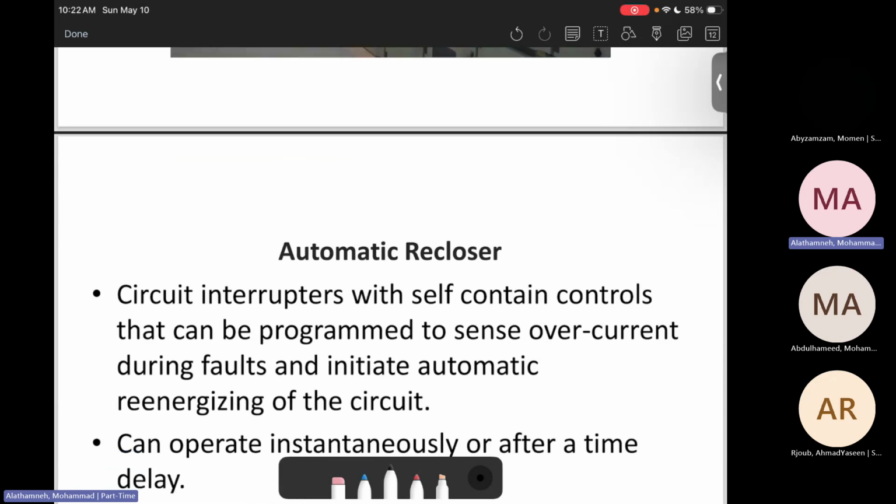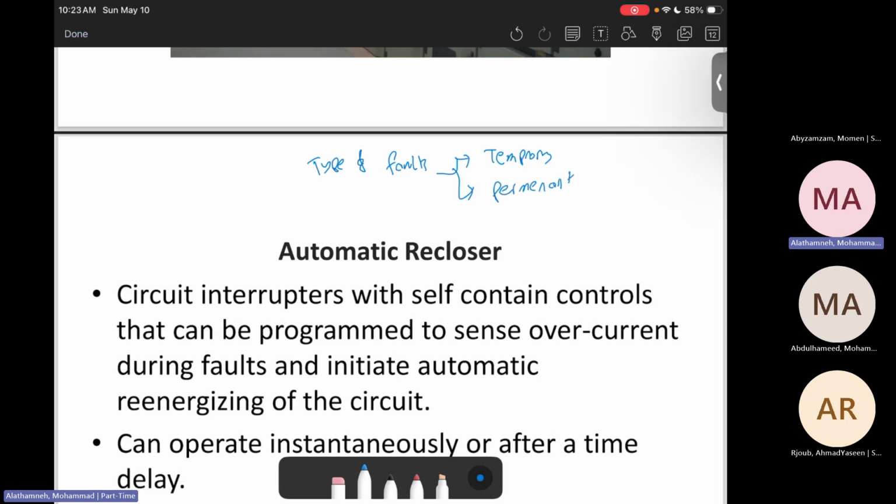Now we will talk about the recloser. Let's recall that in the previous lecture we mentioned the types of faults. We mentioned it can be temporary, and we mentioned it can be permanent.